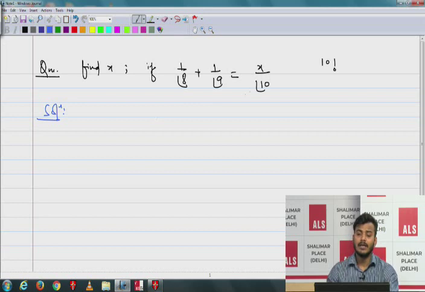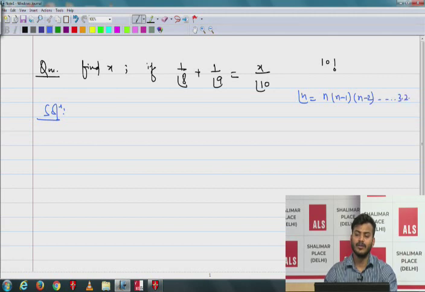See, important. Any n factorial, we remember, can be written as n into n minus 1 into n minus 2 and so on till 3 into 2 into 1. Also, n factorial can be written as n times n minus 1 factorial. If needed, I can write n into n minus 1 and then n minus 2 factorial. Is this clear to all of you?